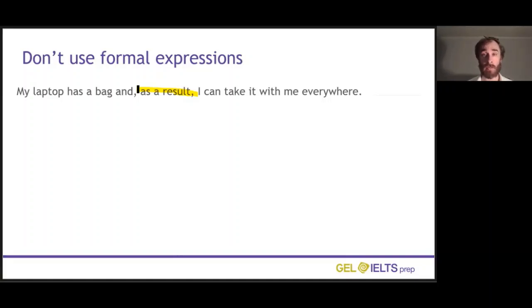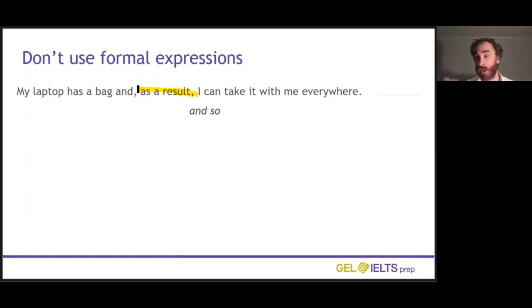Look at the next question below this video and choose the expression which is a less formal meaning for as a result. Instead of as a result, we could say and so. My laptop has a bag and so I can take it with me everywhere.